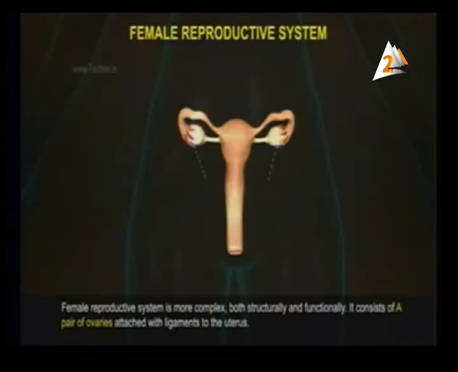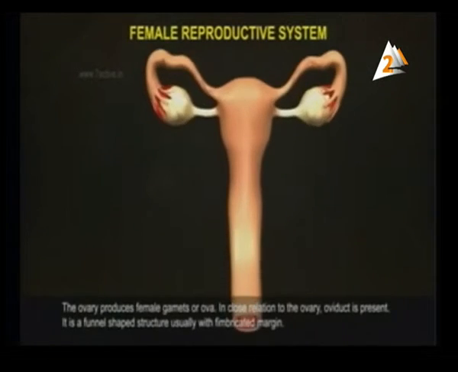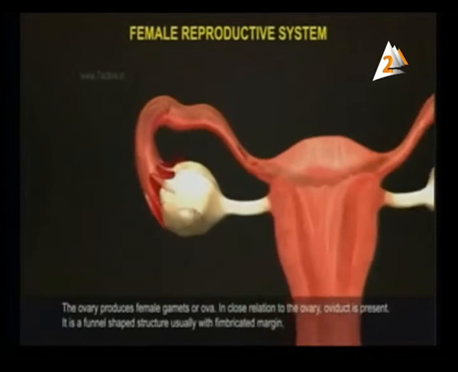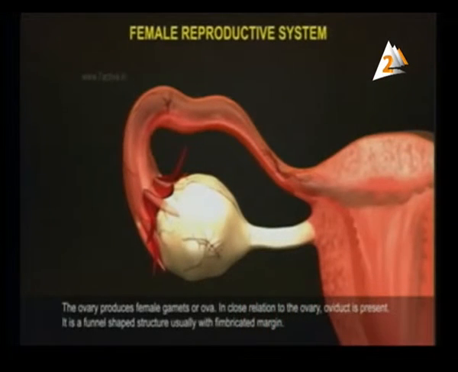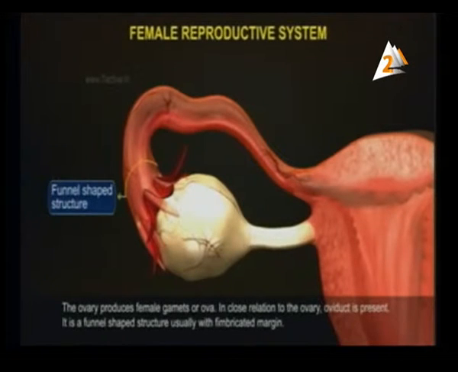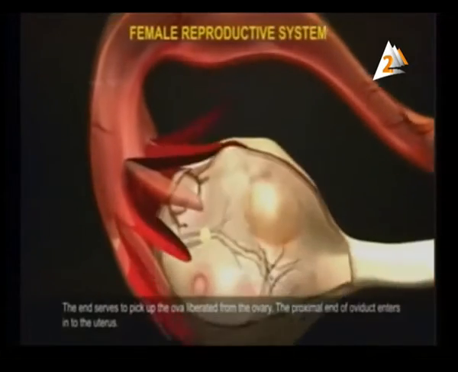During childhood, each ovary contains several thousands of ova, a great number, in various stages of development.